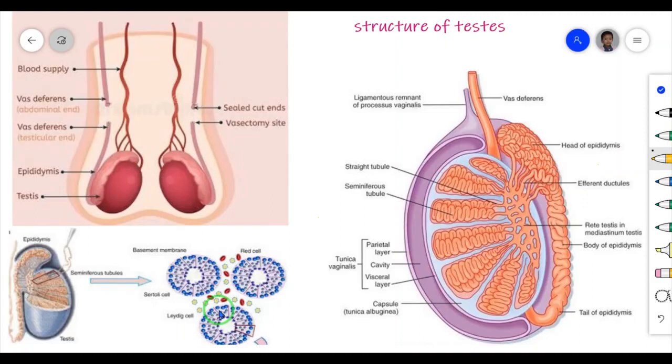Understand, children? So Sertoli cells provide nutrients to the developing sperm, and the Leydig cells secrete the male sex hormone testosterone. This testosterone initiates the process of spermatogenesis.